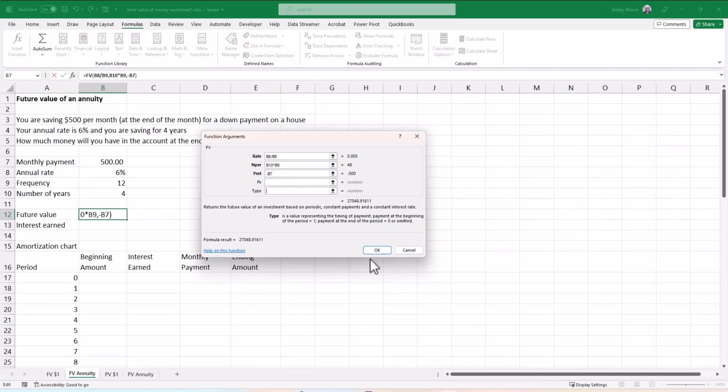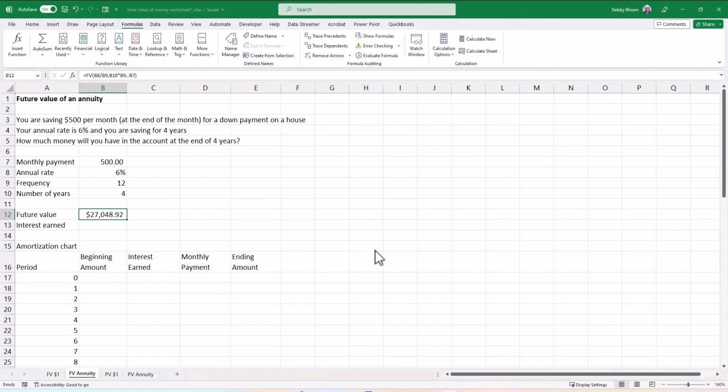So you would have $27,048.92 to put down on your house. Now, to calculate the interest earned, we're going to take the future value and subtract what we put into the account, because everything that we put into the account plus the interest earned is the future value.